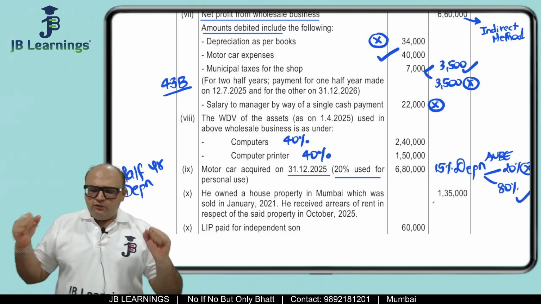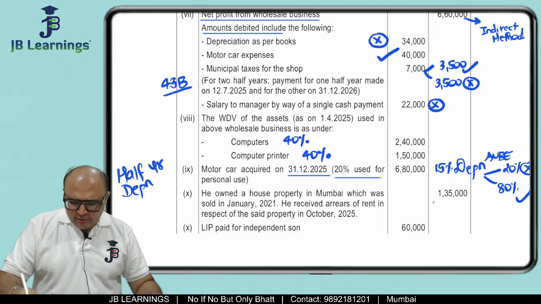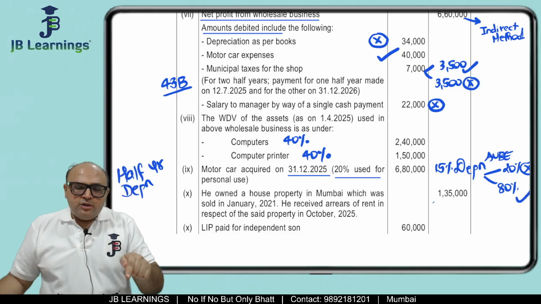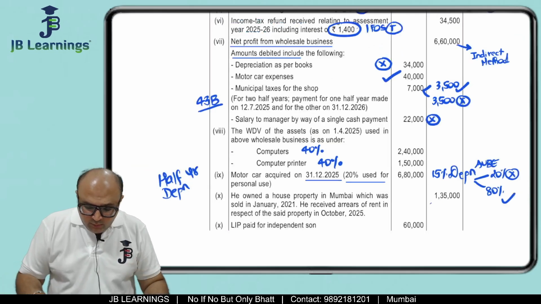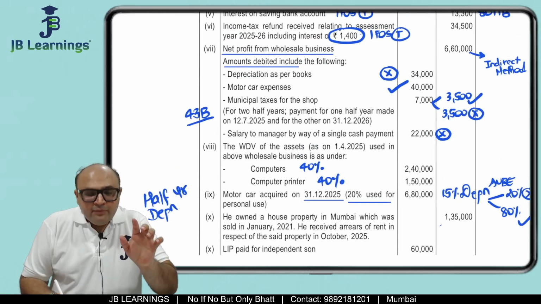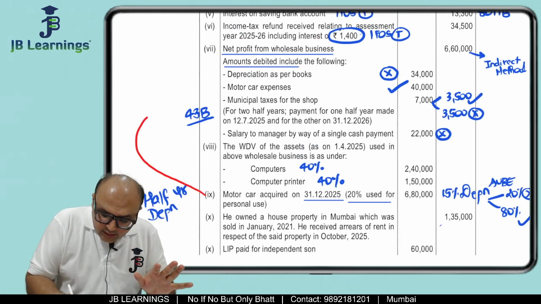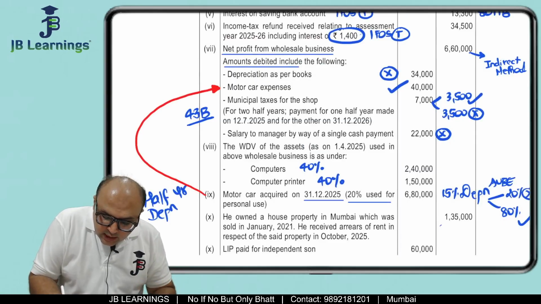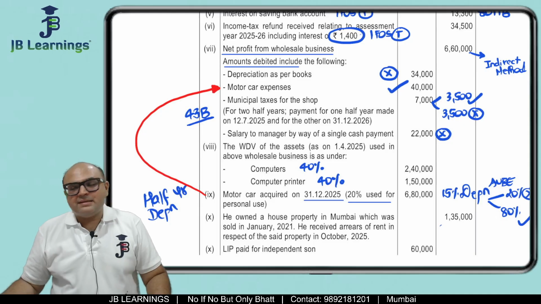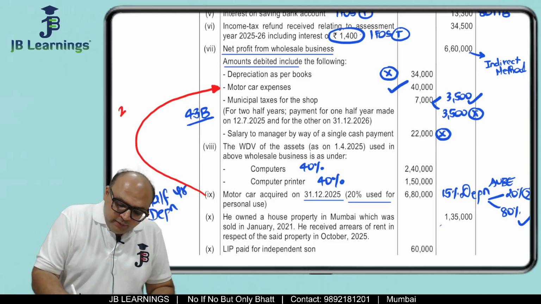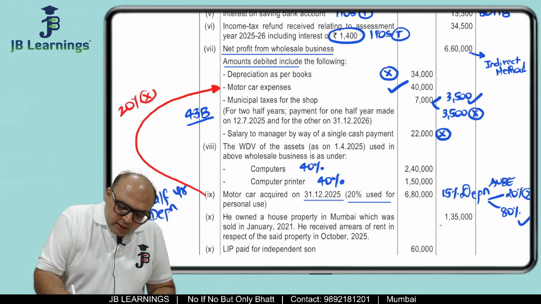Now friends, very, very important. Once you have understood that 20% of the motor car is personal, then there is a hidden adjustment in this: the motor car expenses, this also 20% shall not be allowed, right?